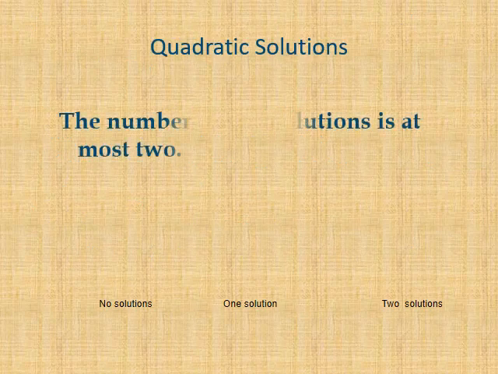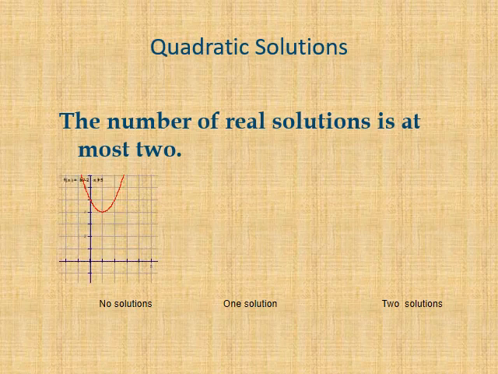After graphing the quadratic equation, we have three types of solutions, or ways to find the number of solutions. First, if the parabola doesn't intersect the x-axis, we have no solutions, or the solution set equals empty set.